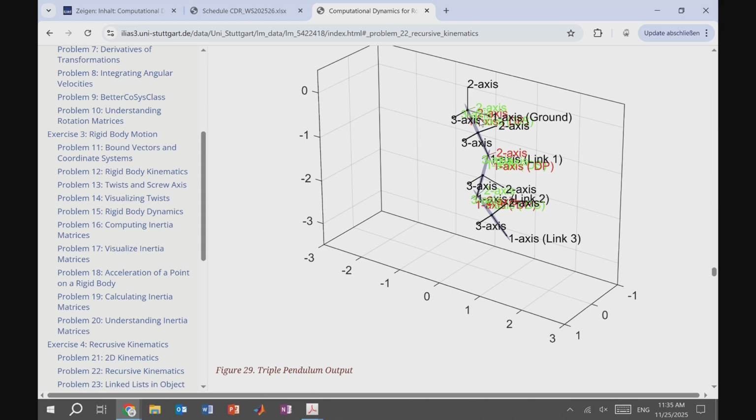We haven't done dynamics yet, but I can give you a trajectory of joint angles. At every iteration, pick the joint angles from your file, update with an outward pass all the positions and orientations of your bodies, plot them, and put them to the screen, and you will get a nice animation of your triple pendulum if you did everything correctly.